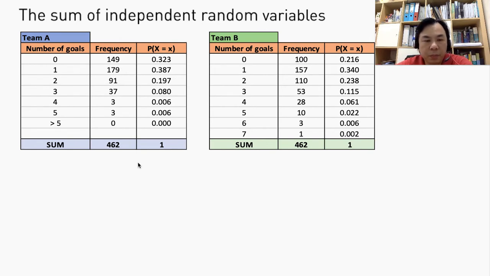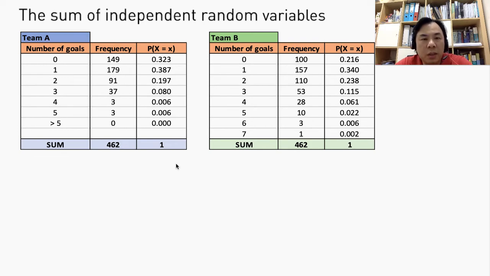The total number of games that they have played throughout the seasons is shown here, and your respective probabilities are given here. Now, bear in mind, these probabilities that they have recorded may not be modeled using a standard probability distribution, or they may fit nicely with some standard probability distributions.